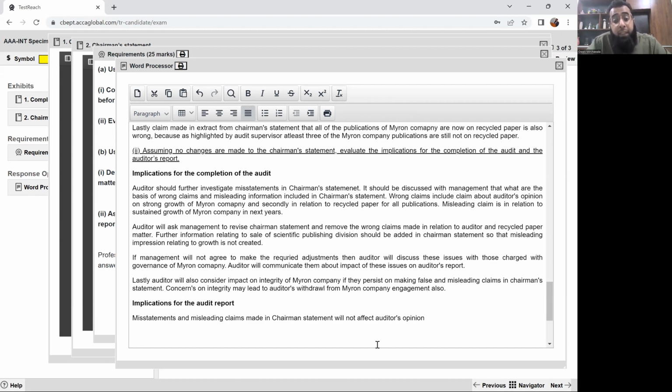Misstatements and misleading claims made in chairman's statement will not affect auditor's opinion, as audit opinion is on financial statements only.